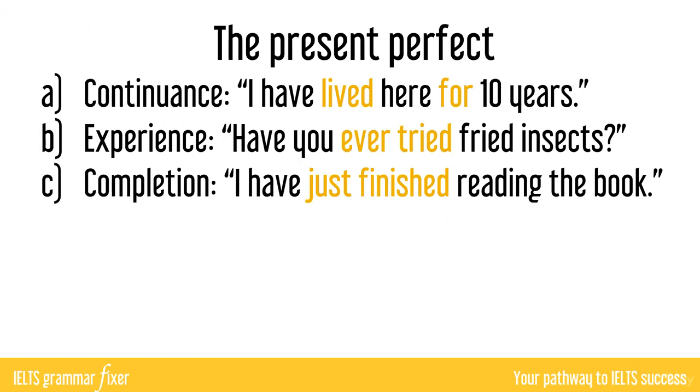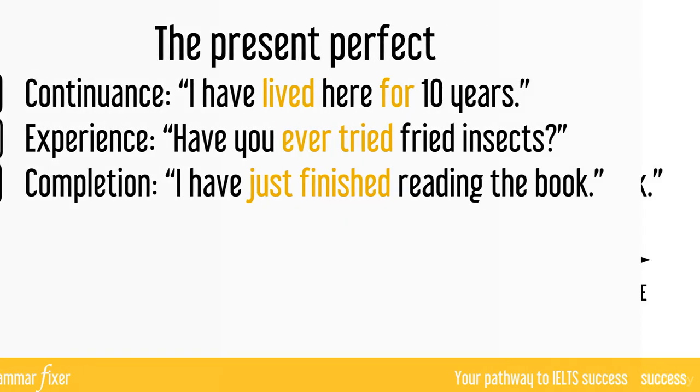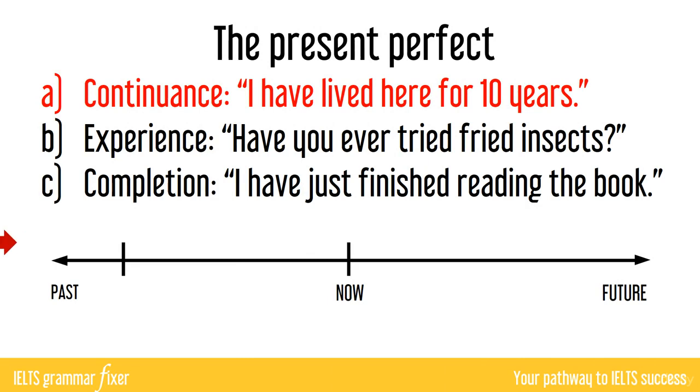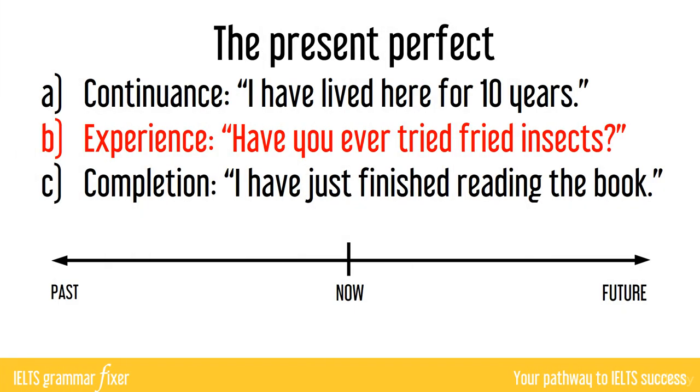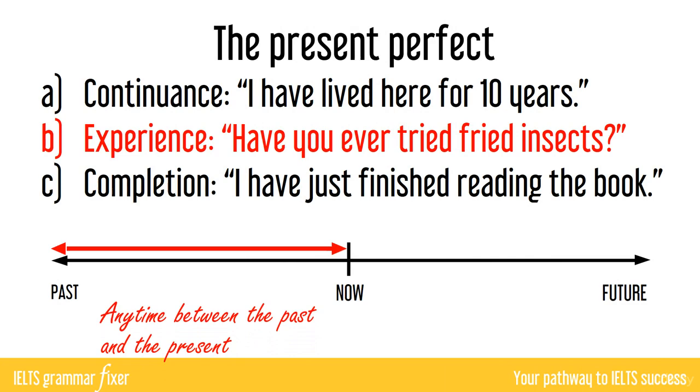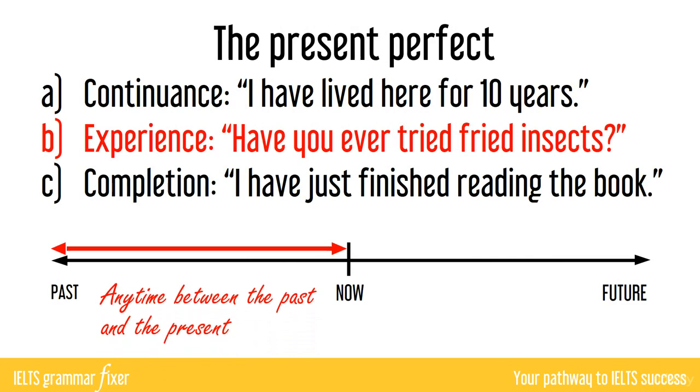The present perfect, when meaning continuance, is about events that started to happen in the past and continue in the present time. The present perfect, meaning experience, is about events that happened any time between the past and the present, with a focus on the present time, that is now. So you're saying the particular action has happened or not between the past and now.